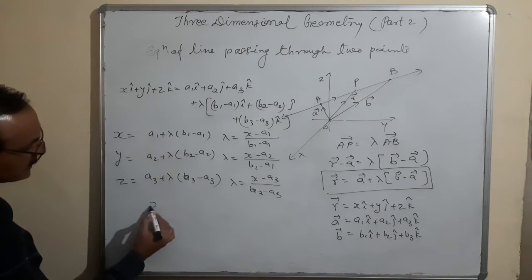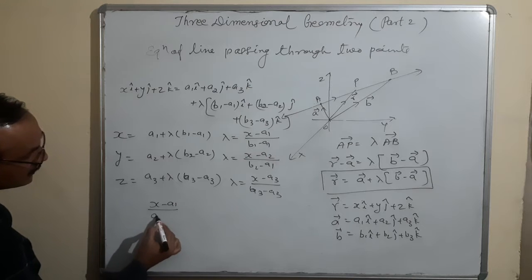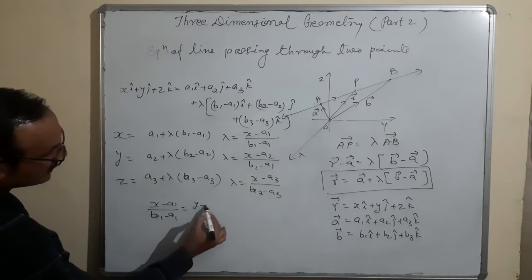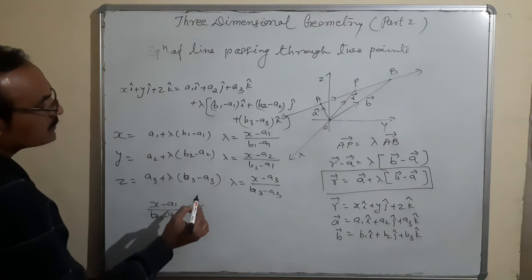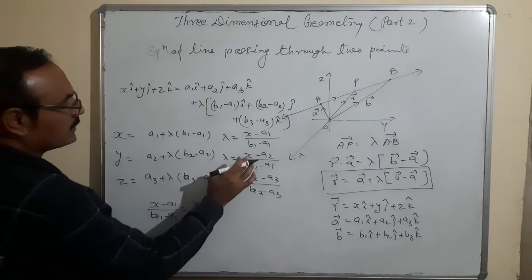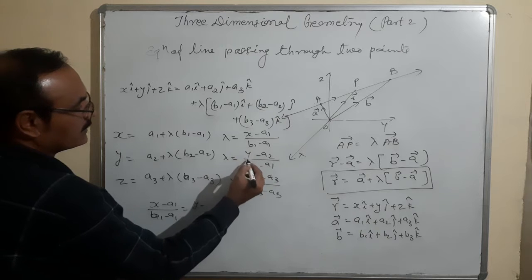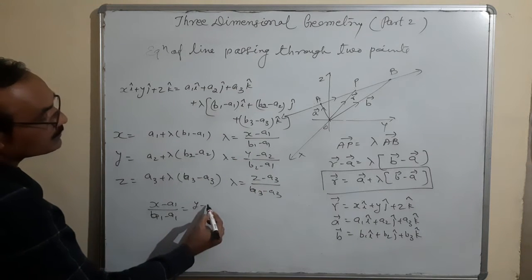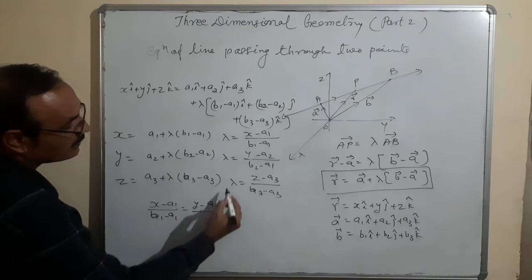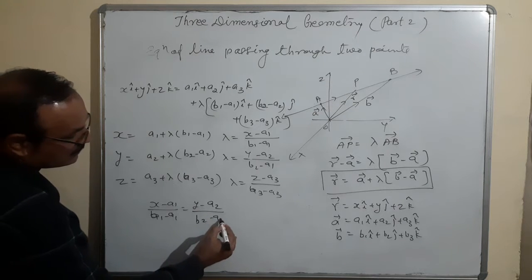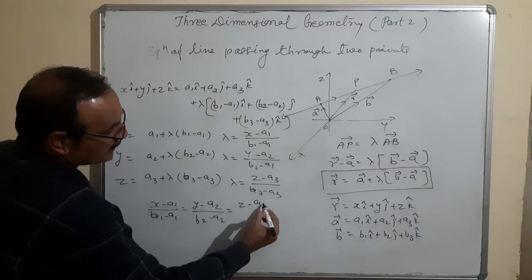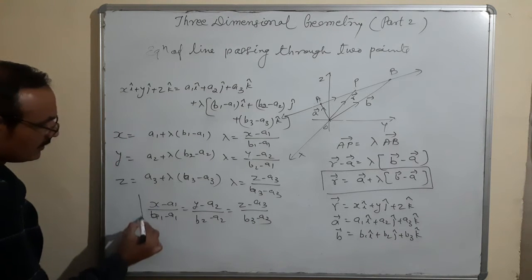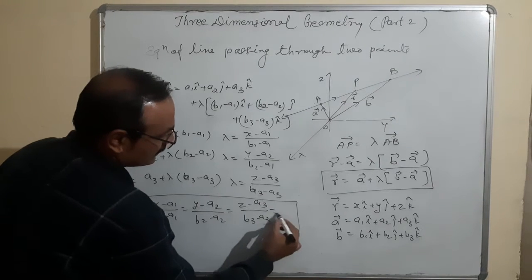So that means (x minus a1) upon (b1 minus a1), this is y and that is z, (y minus a2) upon (b2 minus a2), (z minus a3) upon (b3 minus a3), is equal to lambda.